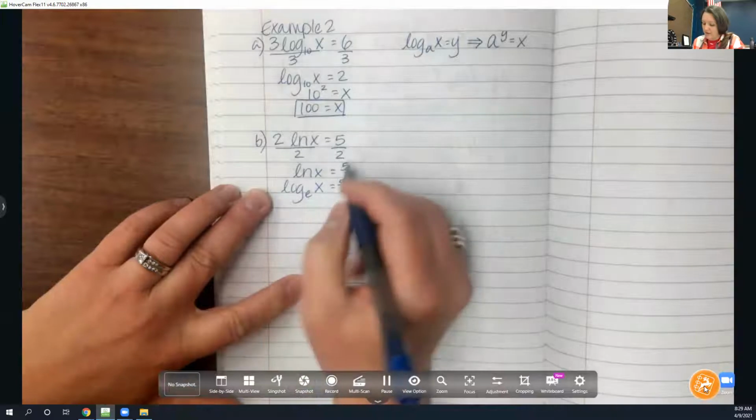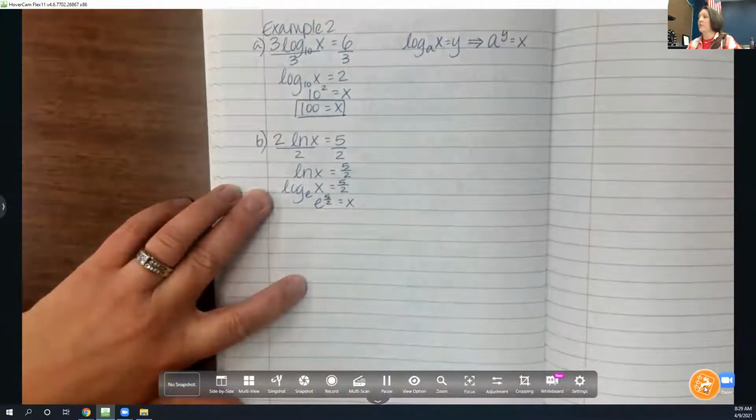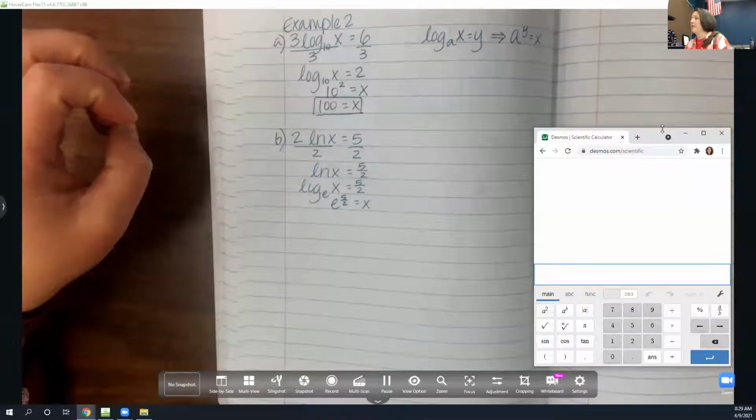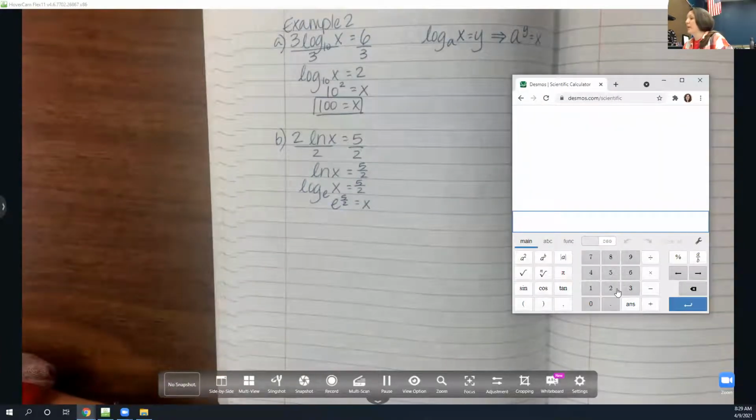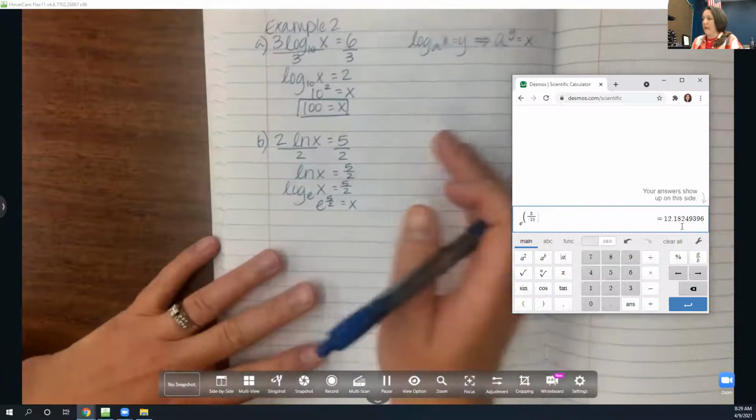Now I can rewrite it as an exponent. e to the 5 halves power equals x. Well, lucky we know that e is our constant number. So let's get our calculator out. I'm going to plug in e raised to the, maybe put parentheses in, 5 divided by 2, and we get 12.182.